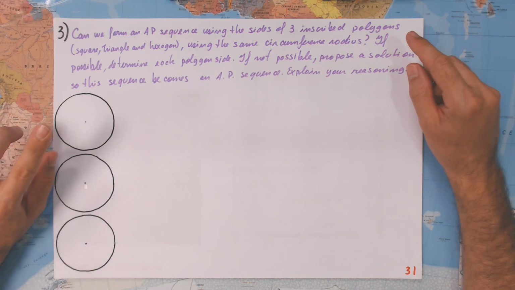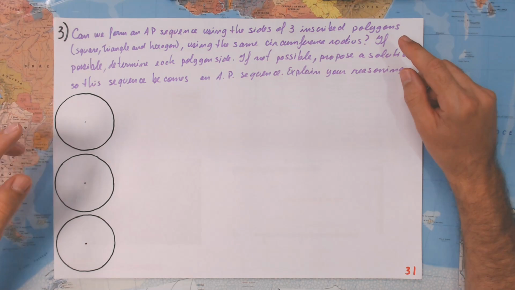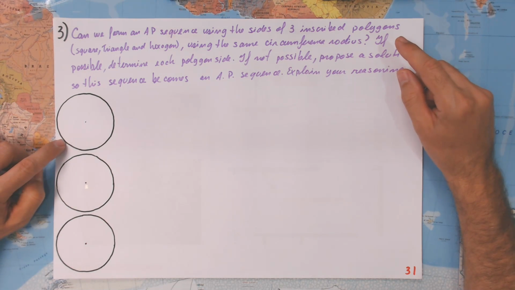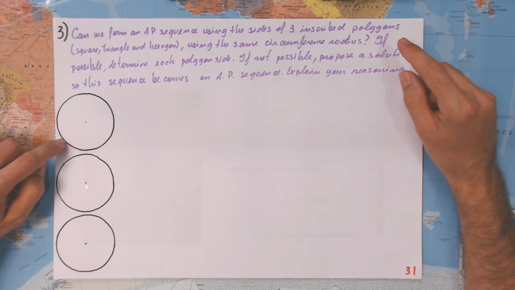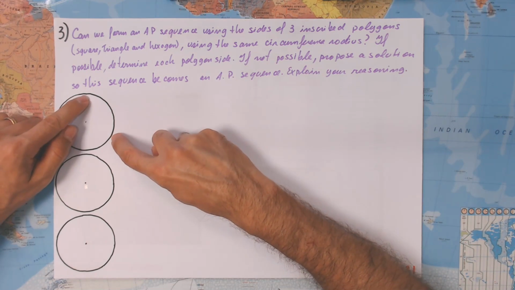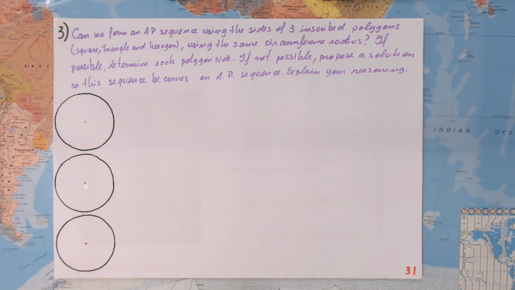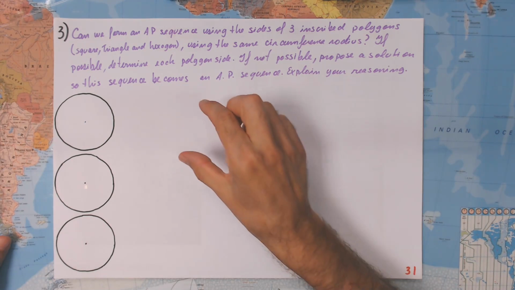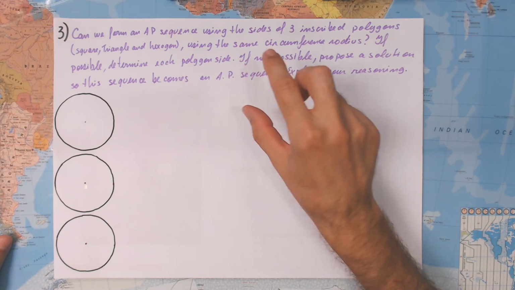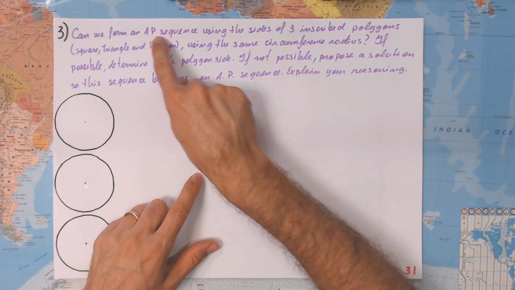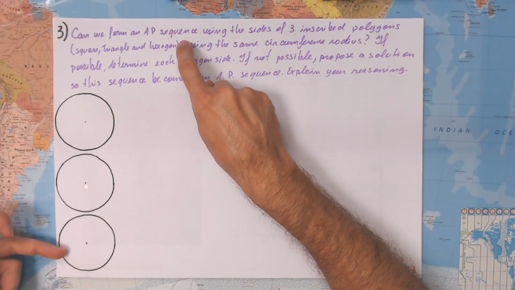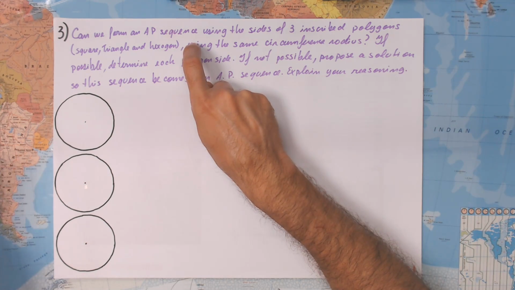And when we inscribe a polygon, it means that the vertex of each polygon must touch the circumference. So can we inscribe those polygons in a way that the side length of each polygon forms an AP sequence? Does that happen? Maybe so, maybe not.